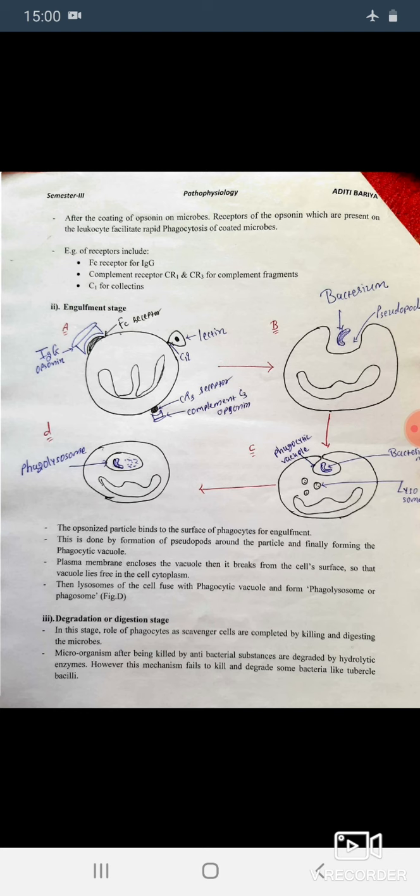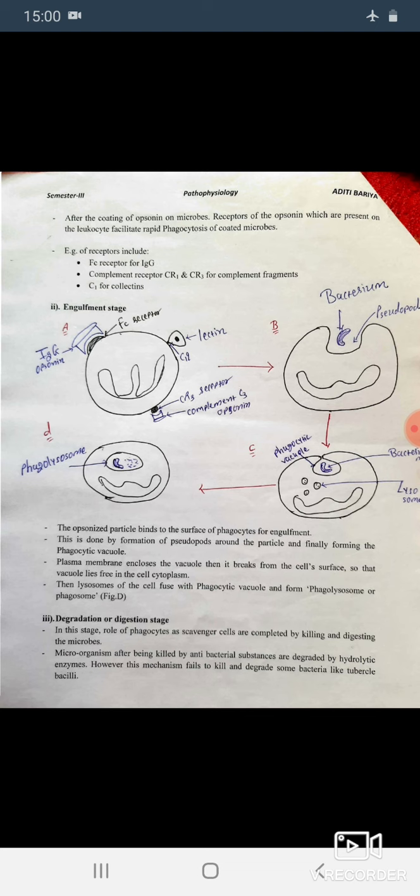So in the engulfment stage, the microbe that binds with the receptor is totally taken in by the formation of the pseudopod and then the phagocytic vacuole, and then that phagocytic vacuole attaches with the lysosome and produces the phagolysosome, and that phagolysosome then enters the third stage, the degradation or digestion stage.